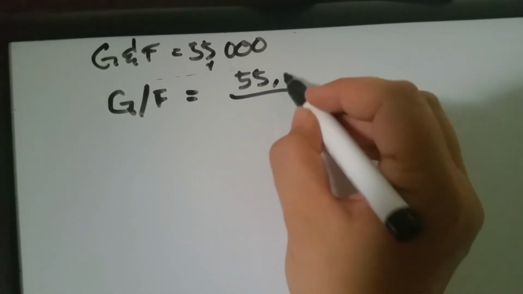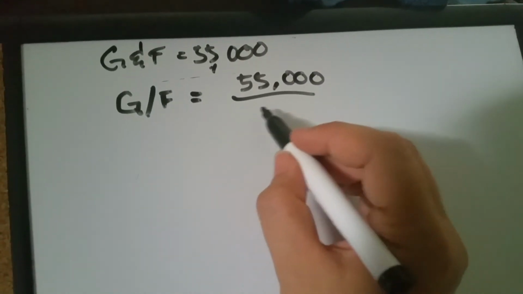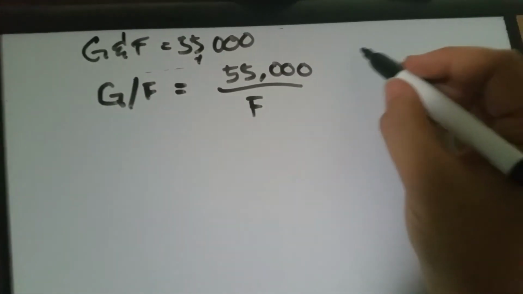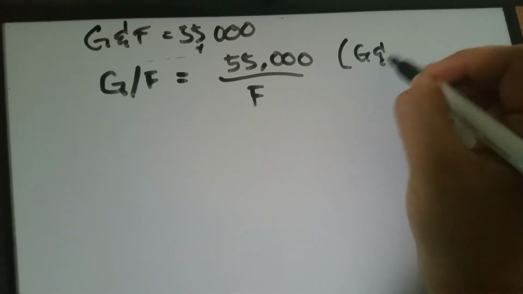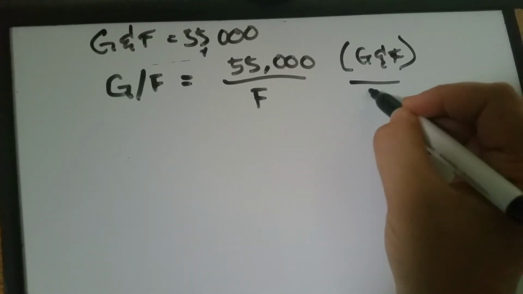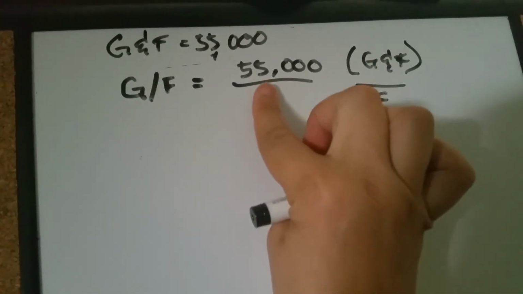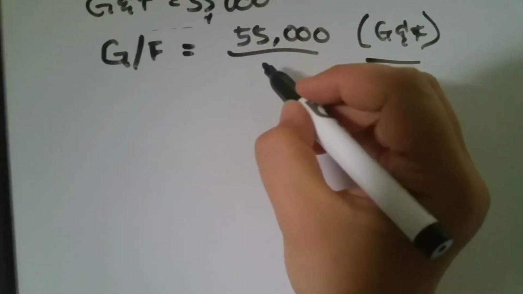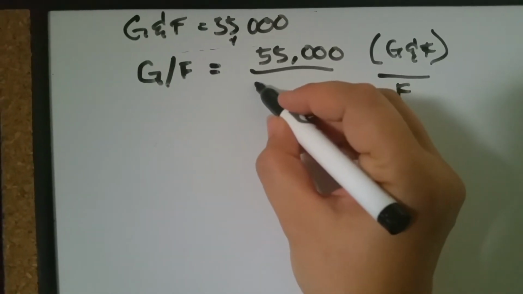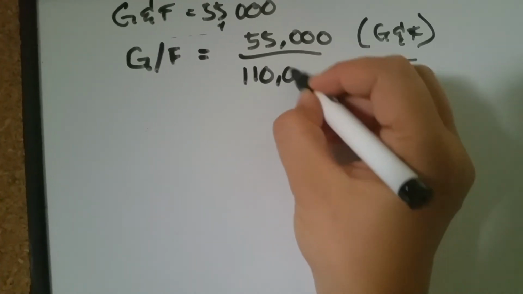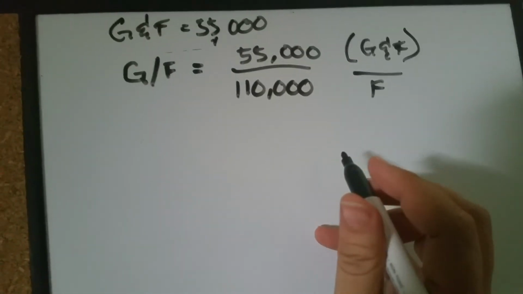Okay, 55,000. And if we're saying F, because this is G and F, right? If we were doing that formula over F, what is F? It says if you were a finalist at any time. Well, there are 110,000 that were finalists.